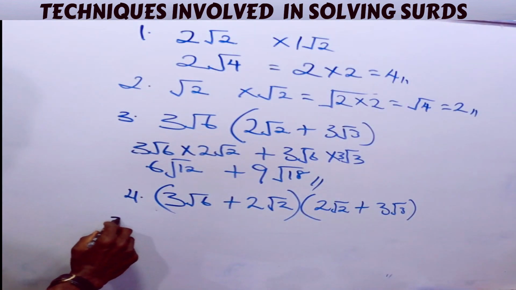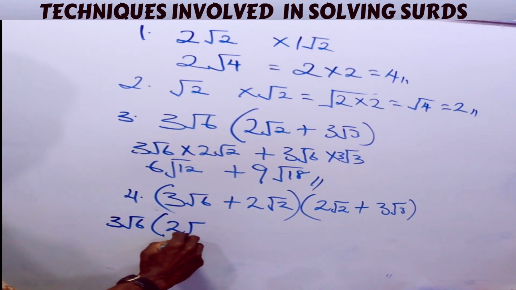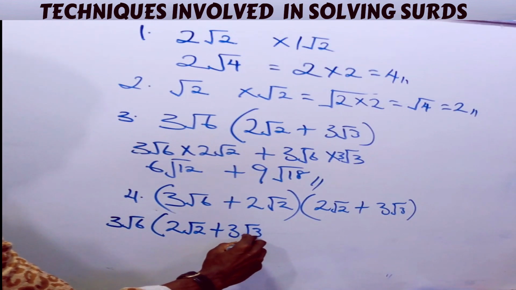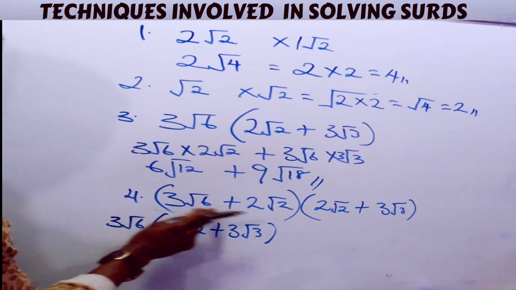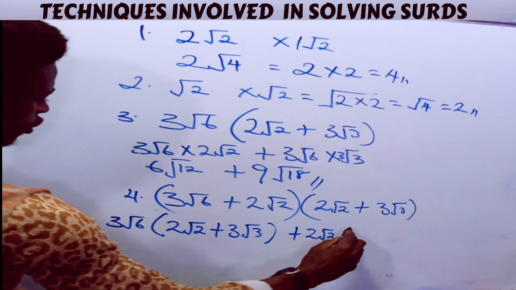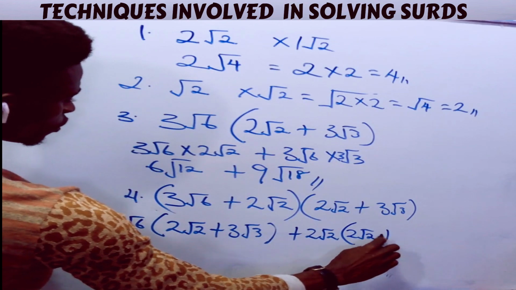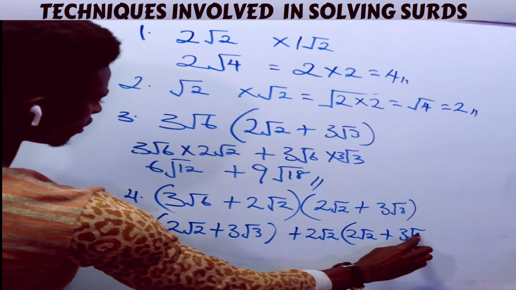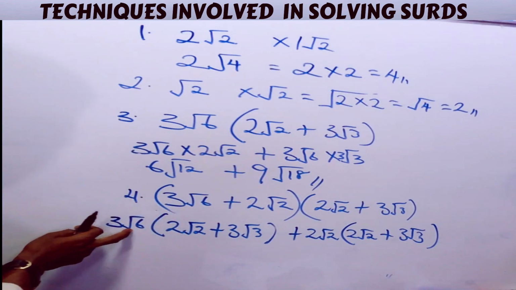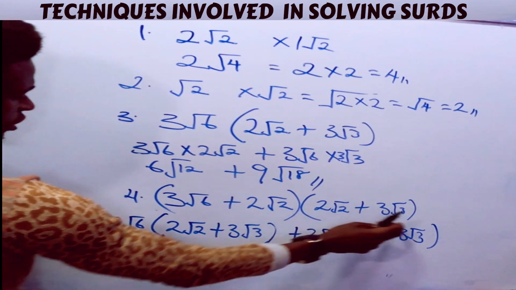So we have it as 3 root 6 to multiply 2 root 2 plus 3 root 3. Now plus 2 root 2 also multiply 2 root 2 plus 3 root 3. So this first one here will multiply all through, and this second one here will multiply all through.